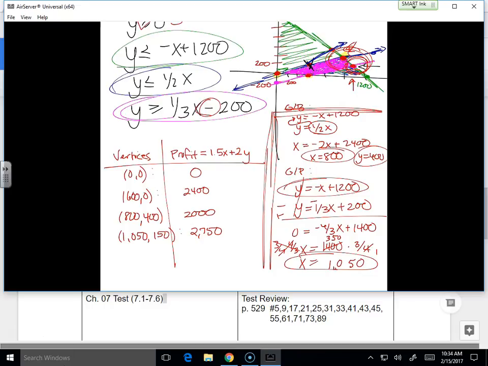Was anybody plugging and chugging? Wouldn't the 600 be 900? Yes. Almost. We just got off on one of them. Good. That's what I double check. This one was 2,000. Yeah, I'm pretty sure it's 12,000 or 2,000.